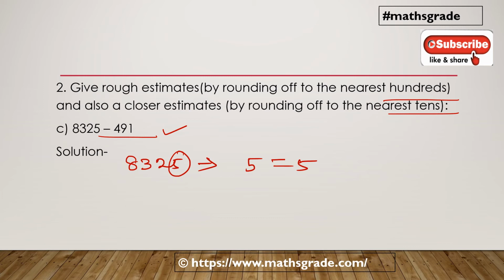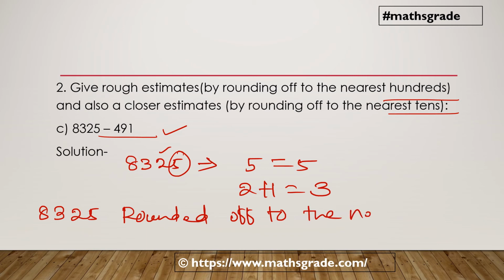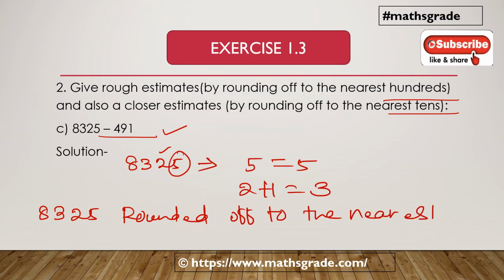So just add 1 to the tens place digit. That is 2 plus 1 is 3. So 8,325 rounded off to the nearest tens is 8,330.